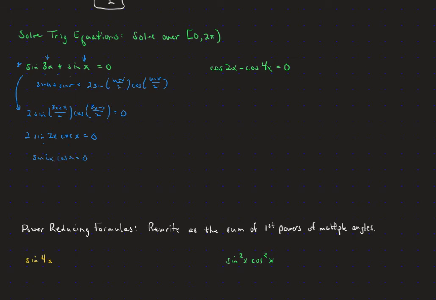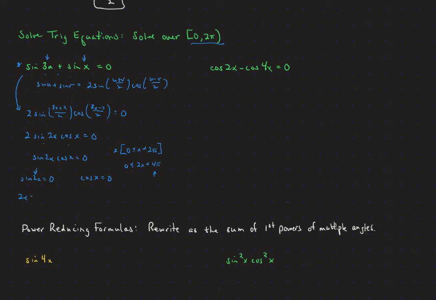But now that we have two things being multiplied that equal 0, we can set each of these equal to 0. Now remember, our domain was 0 to 2 pi. This is our double angle. We've seen this before. So if x is between 0 and 2 pi, then if we multiply through by 2, we can see that 2x will go all the way to 4 pi.